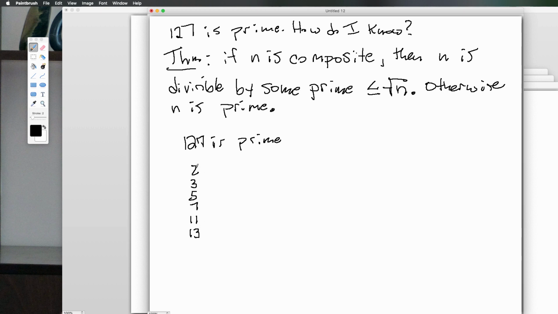And what I want you to note is that I want to square these numbers. If I square this, I get 4. If I square this, I get 9. If I square this, I get 25. If I square this, I get 49. 11 squared is 121. 13 squared is 169. Now I'm checking to see if 127 is a prime.